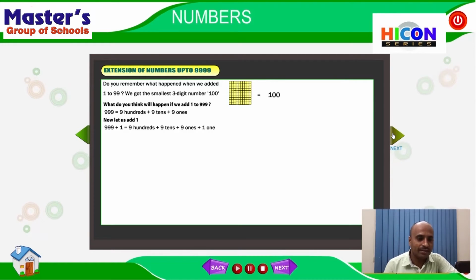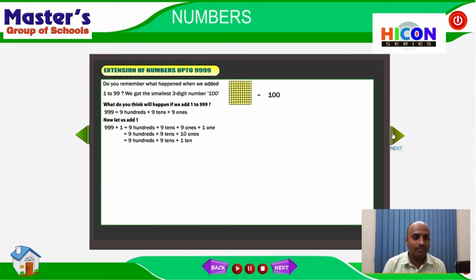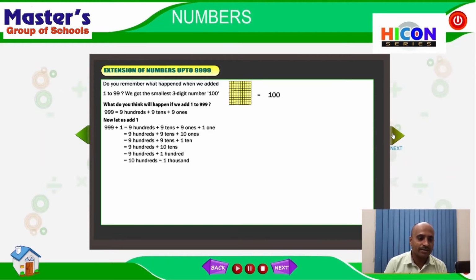Then we get 9 hundreds plus 9 tens plus 10 ones, which is 9 hundreds plus 9 tens plus 1 ten, which is 9 hundreds plus 10 tens, which is 9 hundreds plus 100, because 10 tens become 100. So that is equal to 1000.